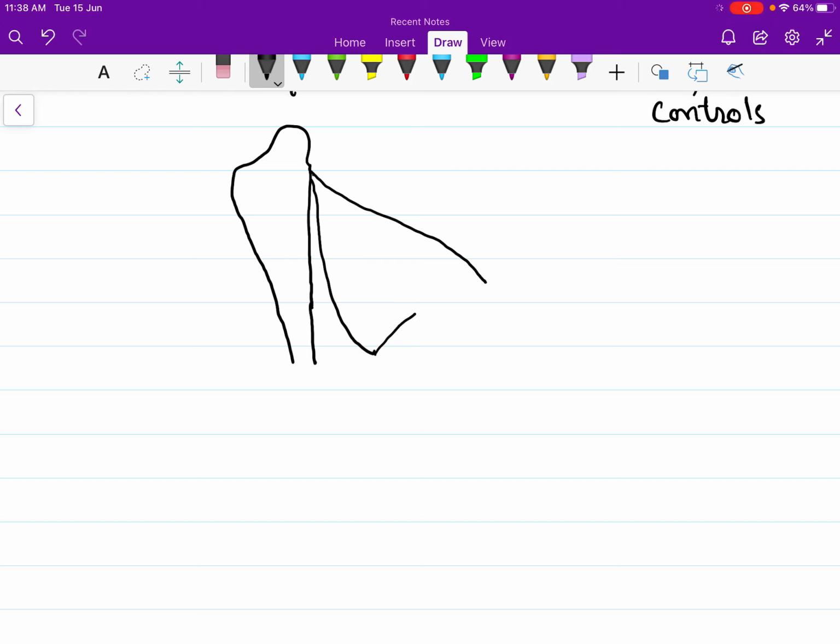It will be formed of several bundles of muscle fibers. Those bundles of muscle fibers are called fascicles. As you can see, I am drawing those fascicles, here some 3 fascicles.